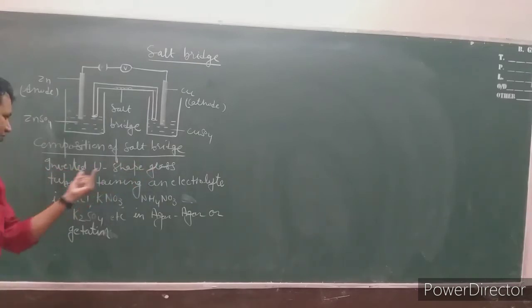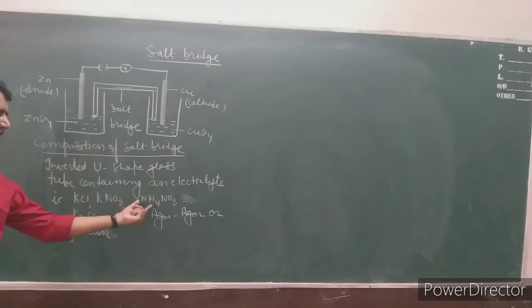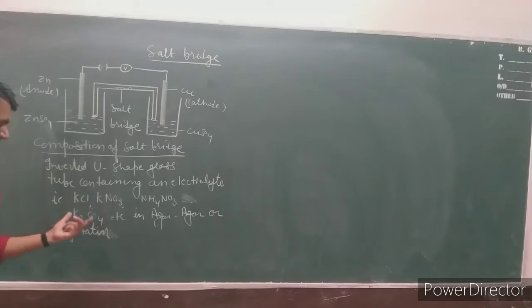Inverted U-shaped glass tube containing an electrolyte like potassium chloride, potassium nitrate, ammonium nitrate or potassium sulfate, any one among these, in agar-agar or gelatin.